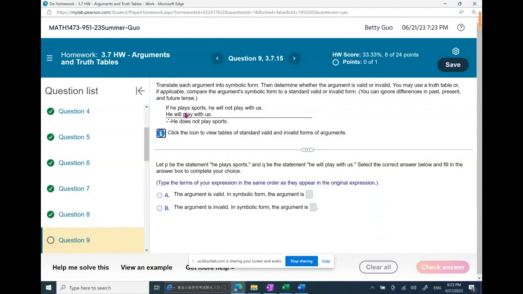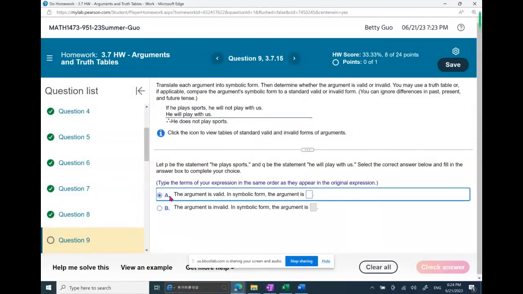Let's look at the argument. If he plays sports, he will not play with us. Second premise, he will play with us. Conclusion, he does not play sports. So the argument is valid.